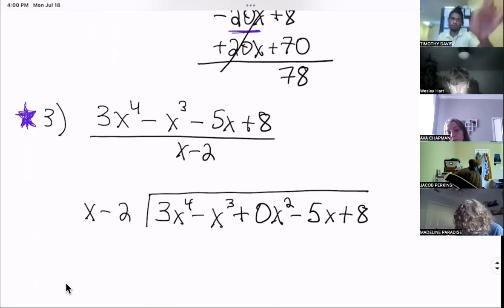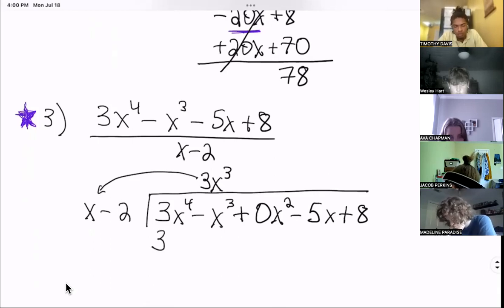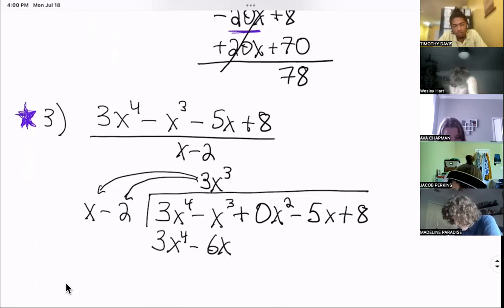Here we go. I need to match this, and all I have is x. So what do I multiply by? Well, first I have to multiply by 3. And to get an x to the 4th from my x, I need an x cubed. So notice how I'm going to line it up on top of the cube underneath it. I'm going to distribute. 3x cubed times x is 3x to the 4th. 3x cubed times -2 is -6x cubed.